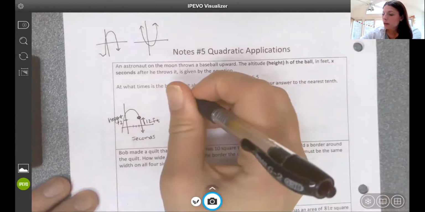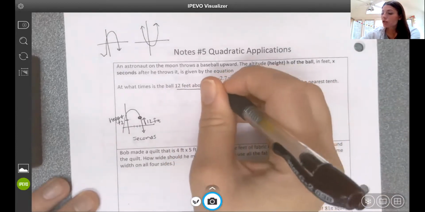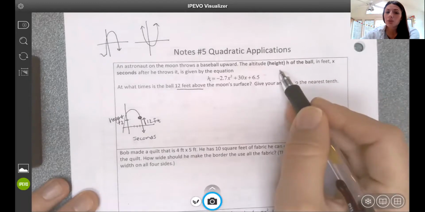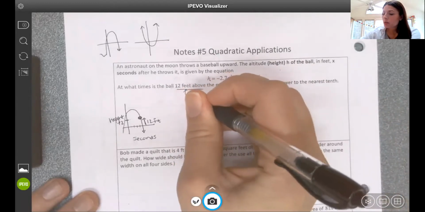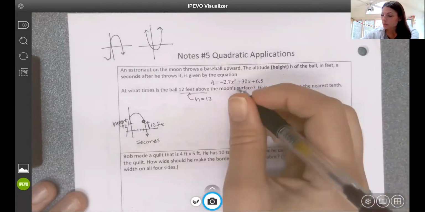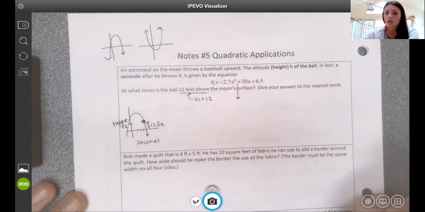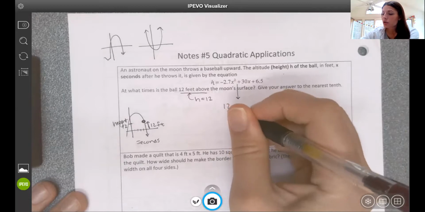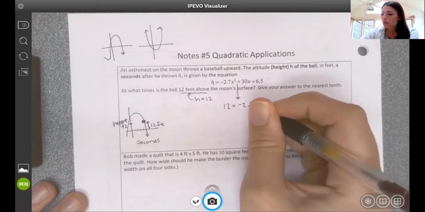Now we want 12 feet above the ground. Remember, h is the height of the ball. So 12 feet above the ground means we're going to make our height be 12. H is 12. So I'm going to take my function here and substitute 12 in for height.